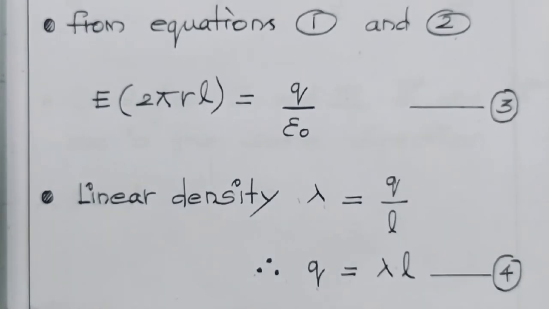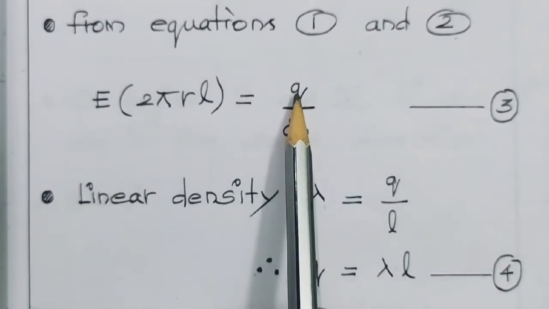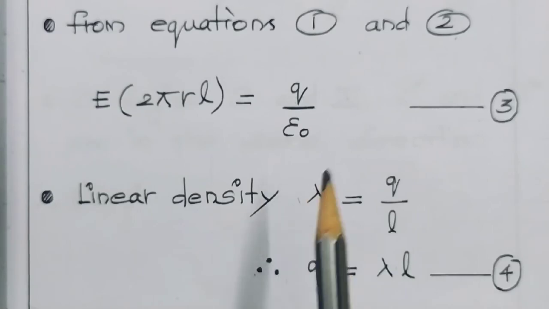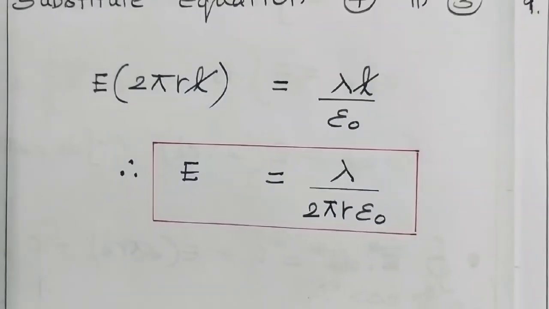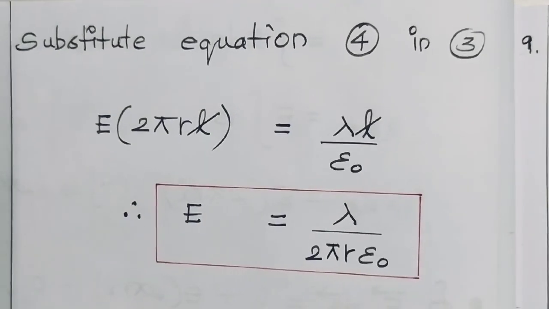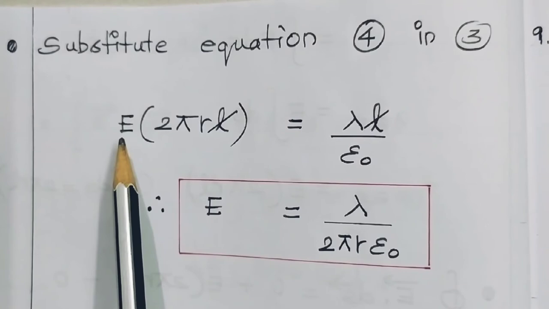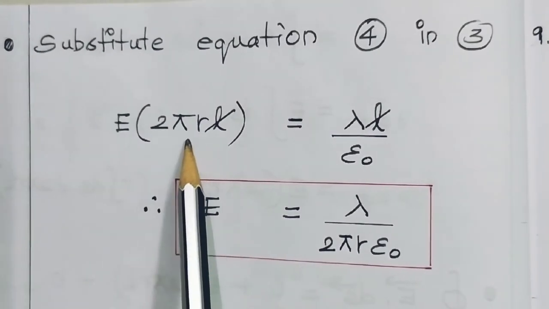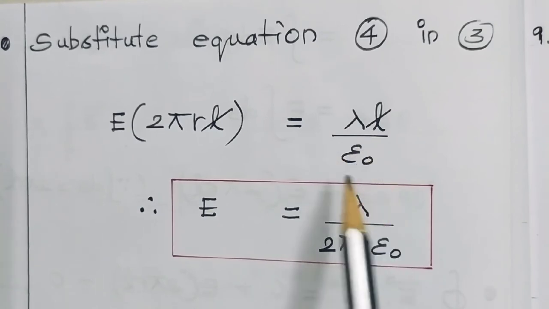Now in the next step we are going to substitute the value of Q in equation 3. So here in the place of Q we are going to substitute lambda L. So substitute equation 4 in 3. We'll get E into 2 pi r L is equal to lambda L by epsilon naught.